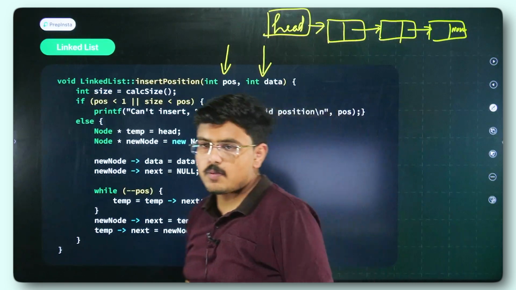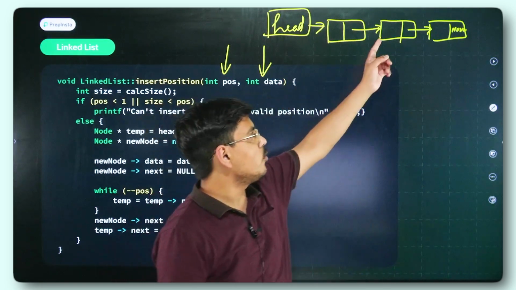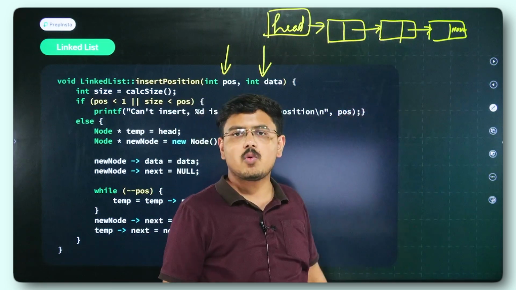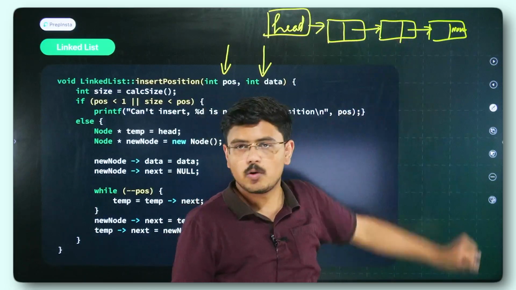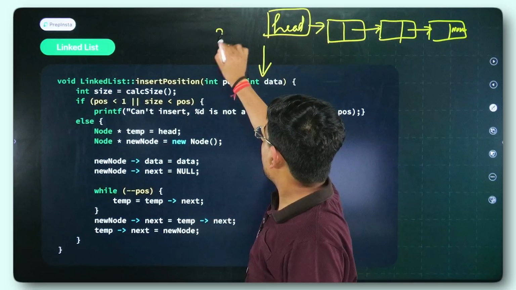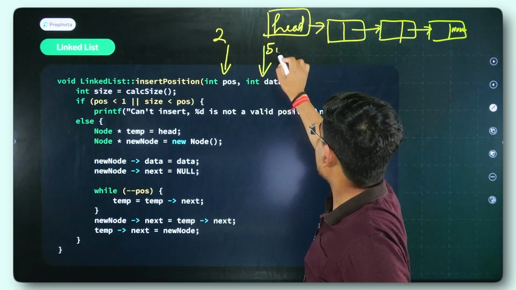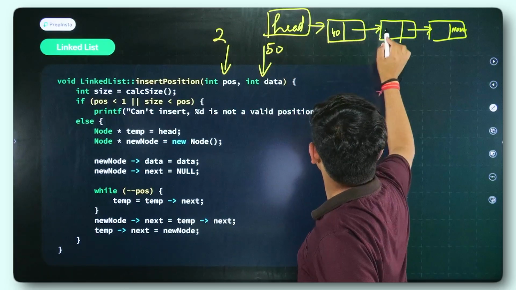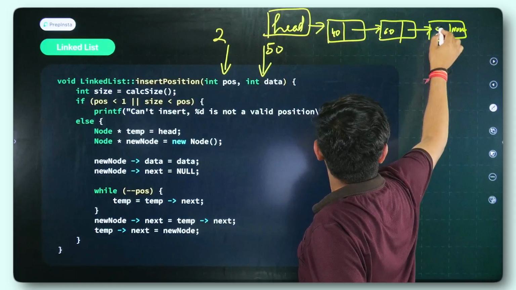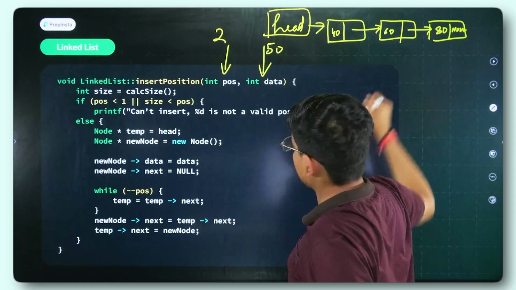In this case, I want to put another node after the second node, in between. So I will give 2 as the input for position and say 50 as the data. I am having 40 here, 60 here and 80 here. So I need to put 50 between 60 and 80.